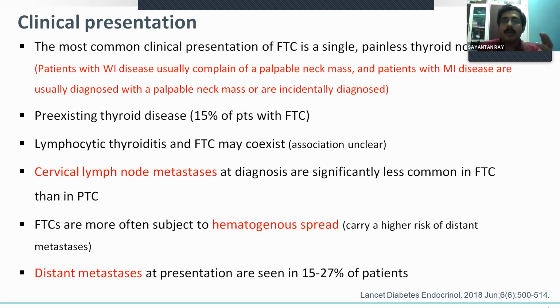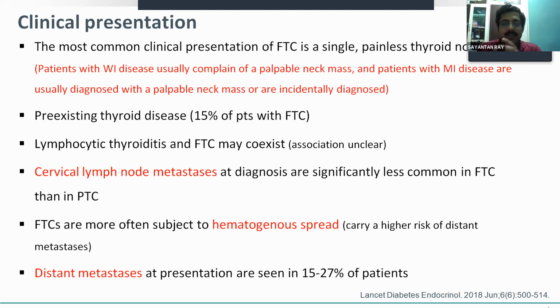Regarding pre-existing thyroid disease, it may be present in 15% of patients. Lymphocytic thyroiditis and follicular thyroid cancer may coexist, although the association remains unclear. Dysmorphogenic goiter with chronic TSH stimulation may also predispose to follicular neoplasms.